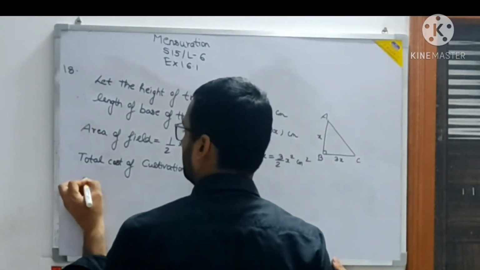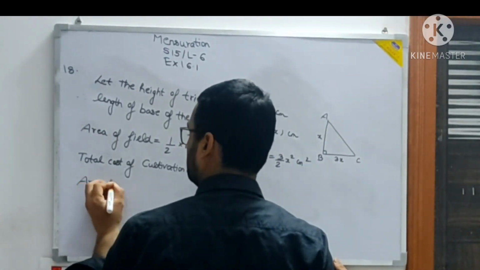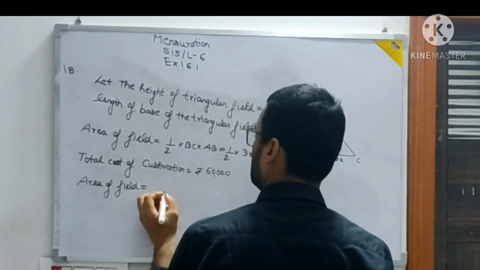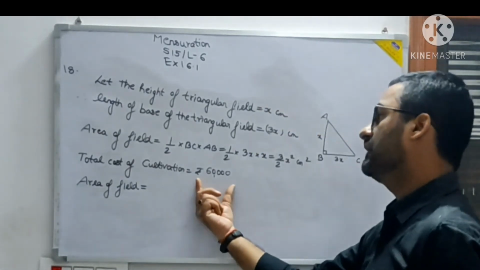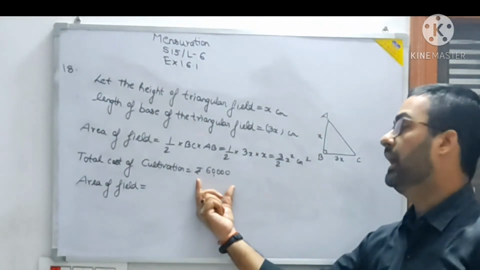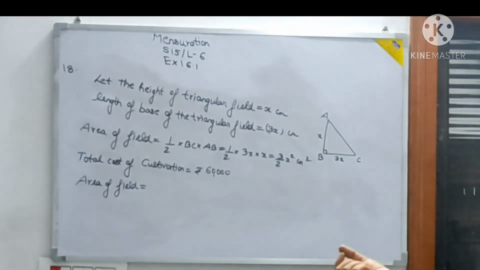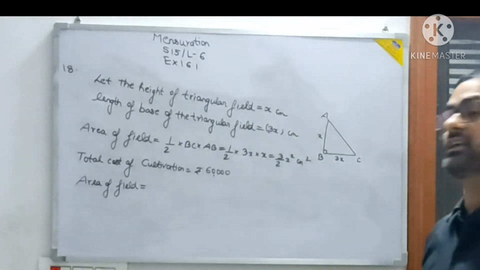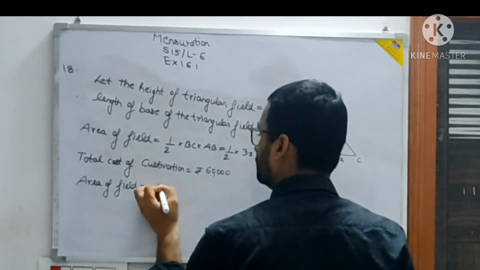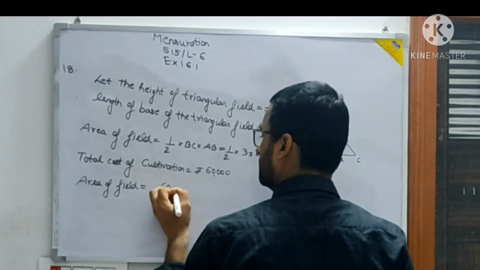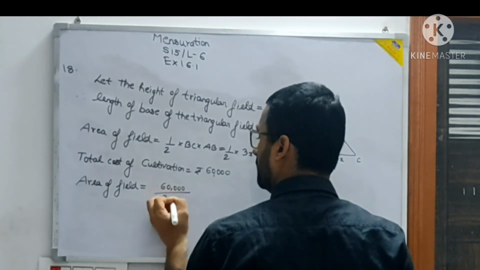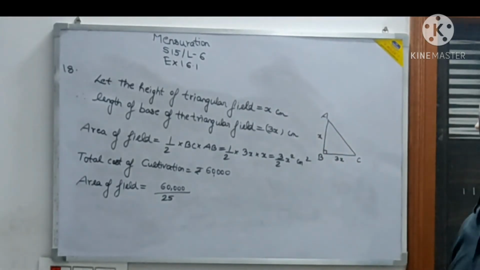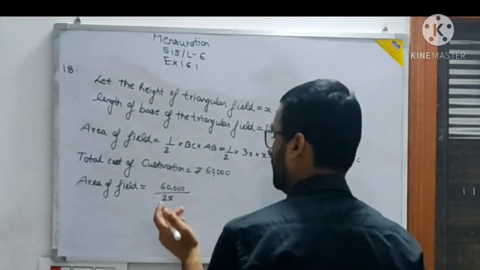So area of field. Now see, total cost of cultivation is there and the cost per 100 meter square is given. So as much as we divide, that many 100 meter squares will be there. So area of field equal to 60,000 upon 25, into that many 100 meter squares.